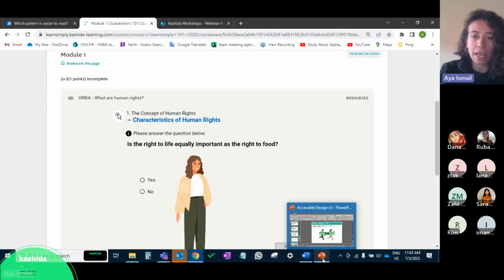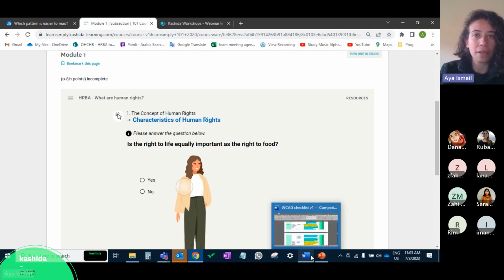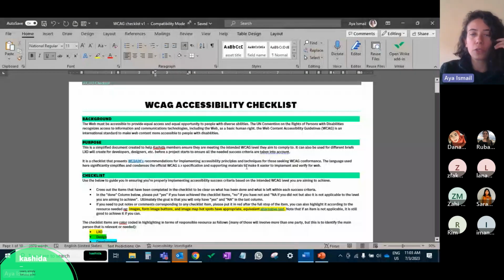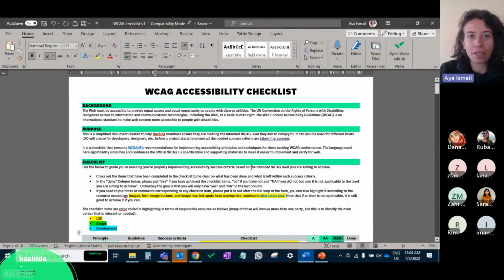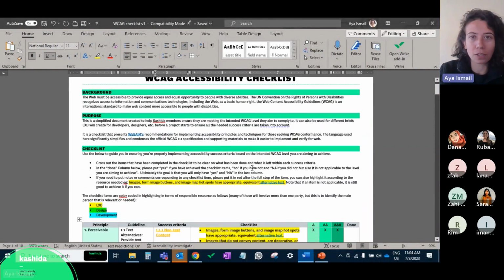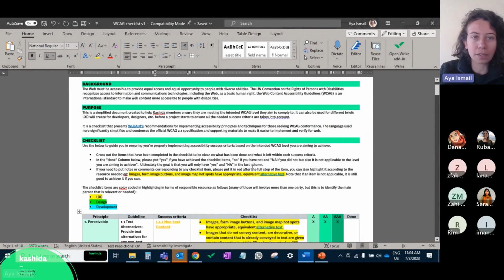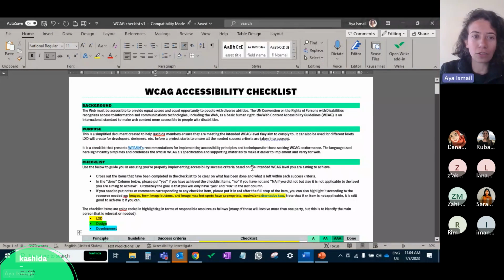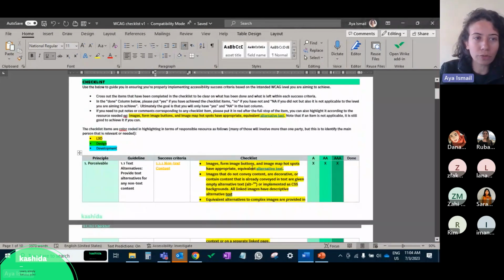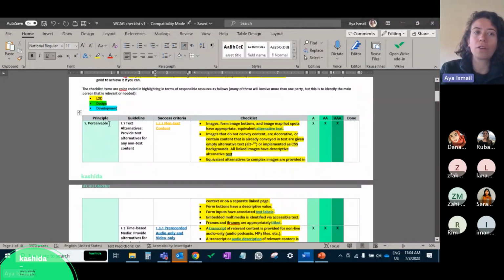And actually, what I want to also show you is this checklist, which was developed by one of our colleagues, Sharon, who was not able to be with us on the call today, but it's a very, very well done checklist that goes over every one of the principles of the WCAG guidelines.